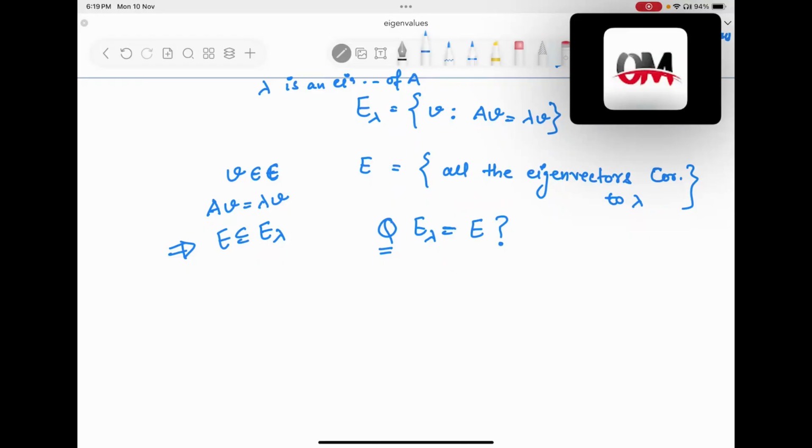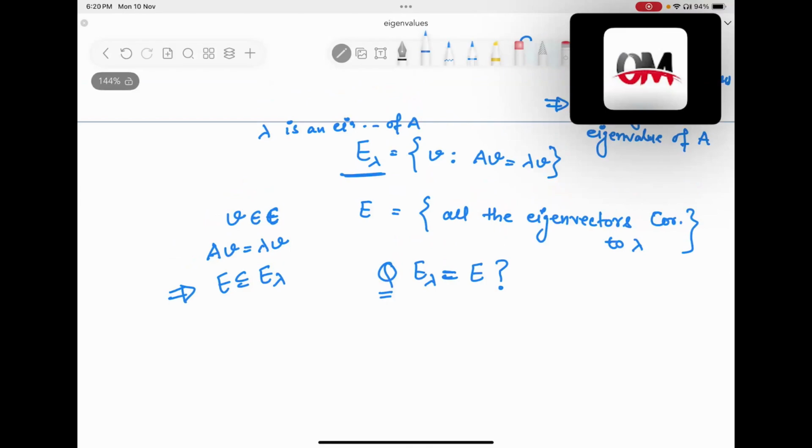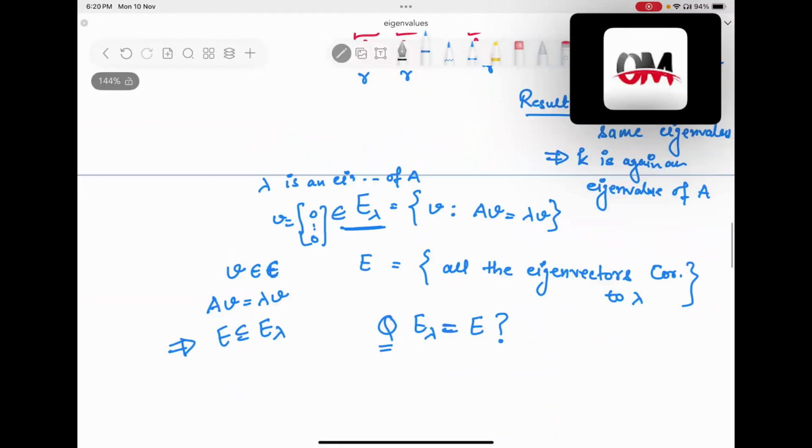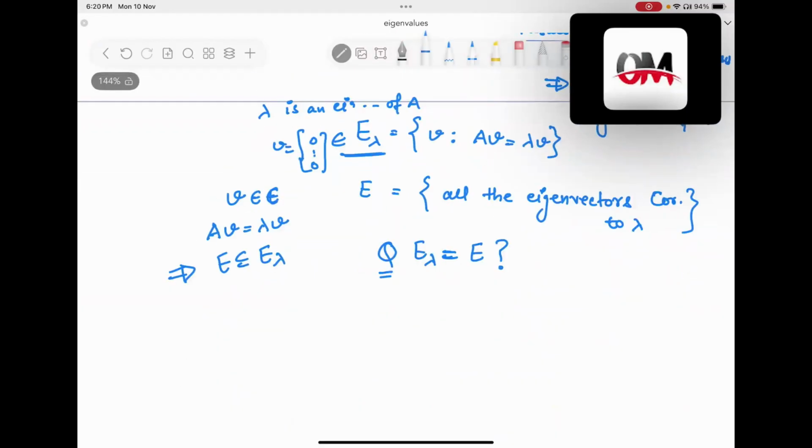No, both are not the same actually. The only difference is in this collection E lambda, you have this 0 vector also, right? If you take v equals 0, then A of 0 is equal to 0 and lambda into 0 is also 0, right? So 0 also belongs to E lambda. But in the definition we have said that 0 cannot be an eigenvector, right?